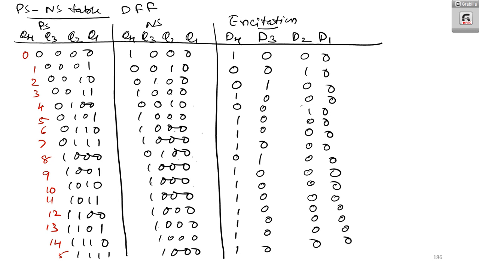Now we can see that for D1 all elements are 0. Is there any problem in that? If it is 1, it will go to 0. So at least one of the elements should be equal to 1, right? If it is 2, it should go to 1. So there is a mistake over here.